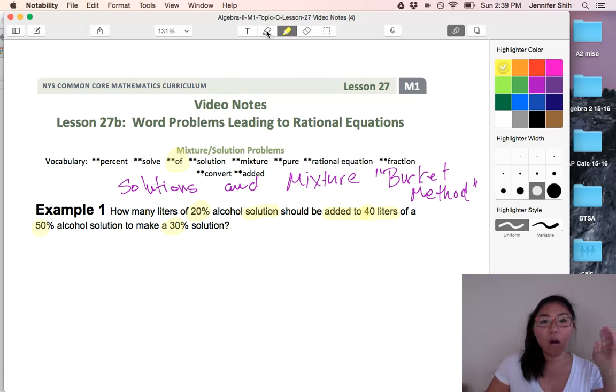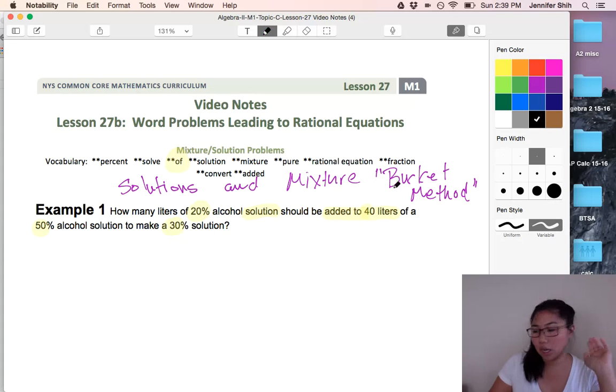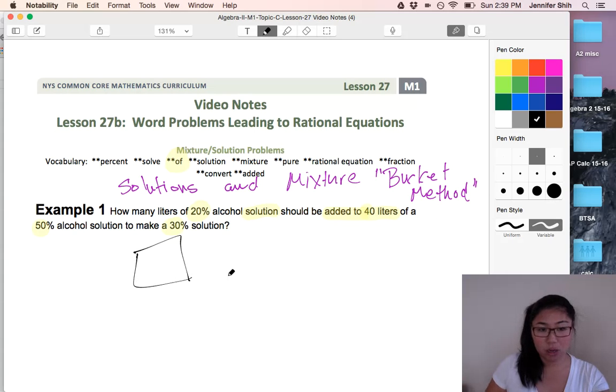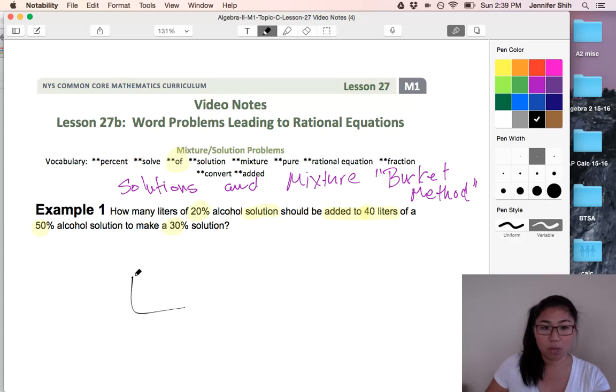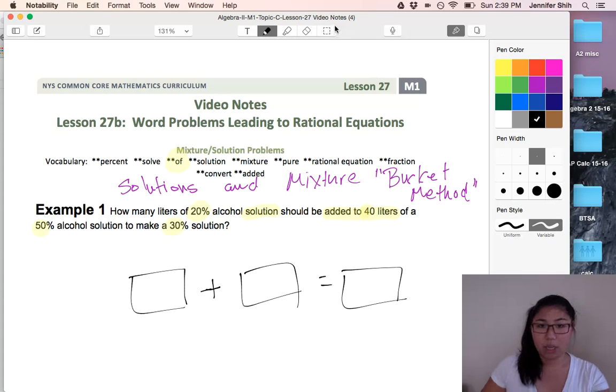So for all of our solution and mixture problems, the reason why it's called a bucket method is because we are going to make 3 buckets. One bucket, I'm actually going to move this bucket down a little bit more. One bucket, another bucket that we're adding, and that's going to equal to a final bucket. And this bucket that we are going to use, this one is going to be our starting solution or mixture.